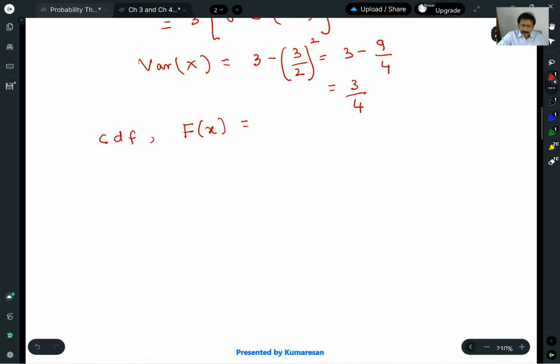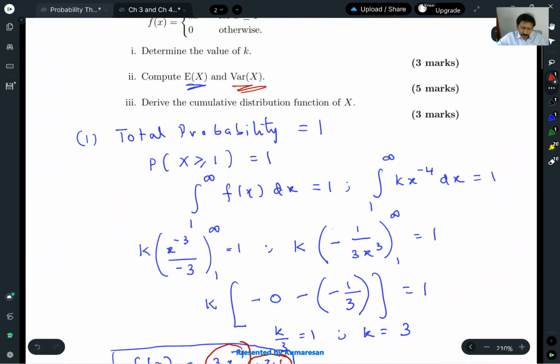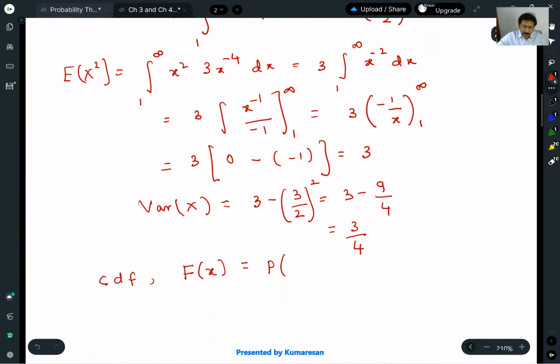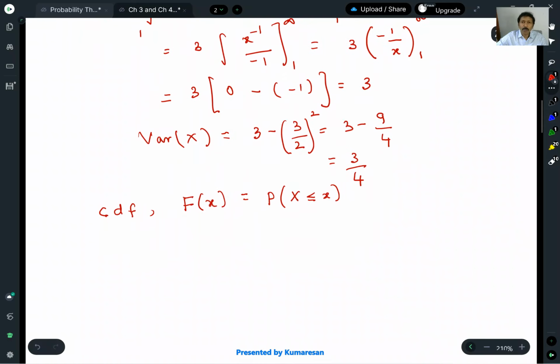It can be referred to as the distribution function or the cumulative distribution function. It is defined as the probability that the random variable is less than or equal to a value small x.